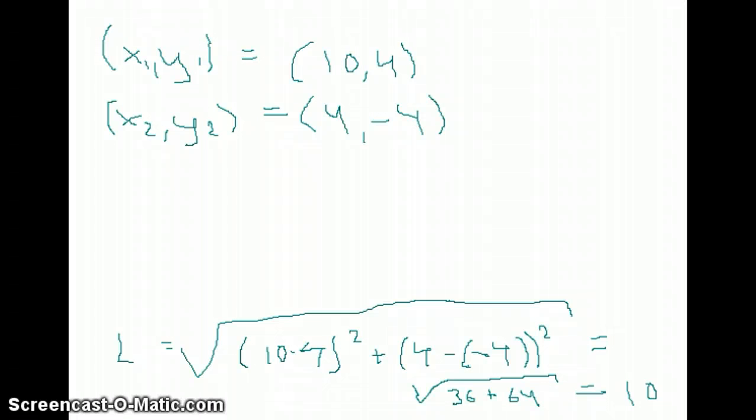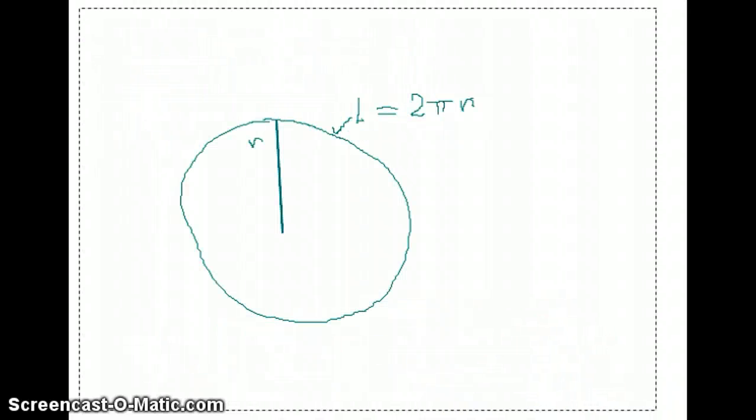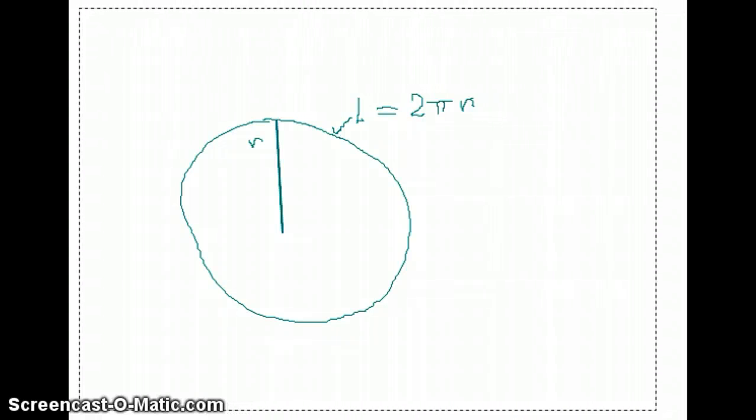Now the second task was to convert radians to degrees and degrees to radians. For this task it's good to remember where the radians got their name. I have here a circle with the radius r.